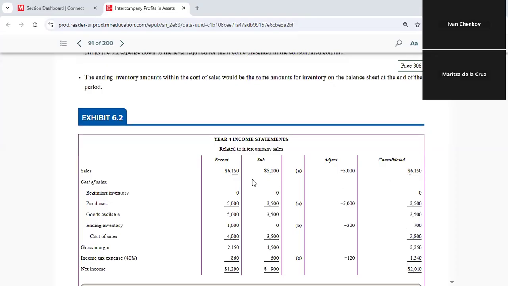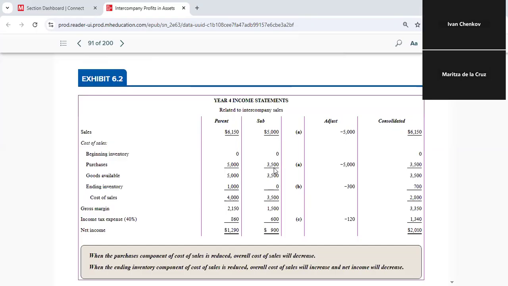Now, the original purchase price was 3,500 for the subsidiary. For the parent it was 5,000. The 5,000 is eliminated since that's related to the same sale that goes to the parent. So the inventory that we sold for 6,150, the original cost is 3,500. But we have ending inventory, which is 1,000.